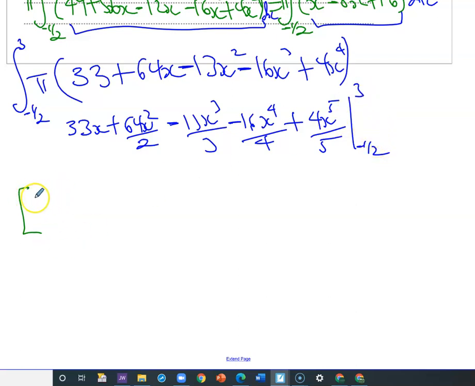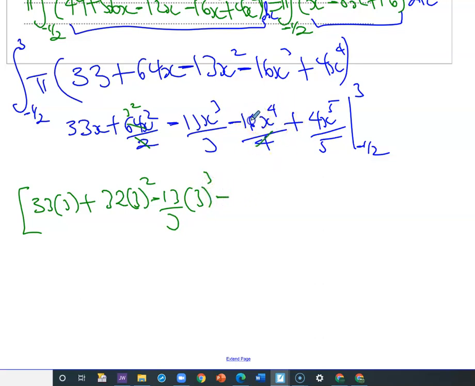So we want to see, for example, that you've written 33 times 3 add, let's simplify this, 32 times 3 squared minus 13 over 3 times 3 cubed minus, let's do that, 4 times 3 to the power 4, add 4/5 times 3 to the power 5, and then subtract the lower limit. And then you substitute the same way.